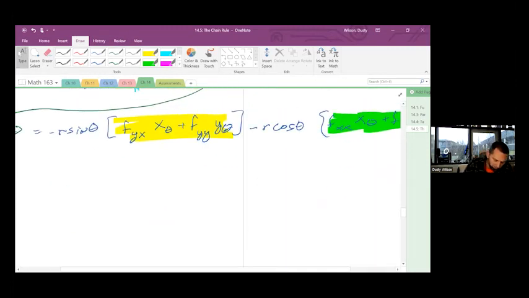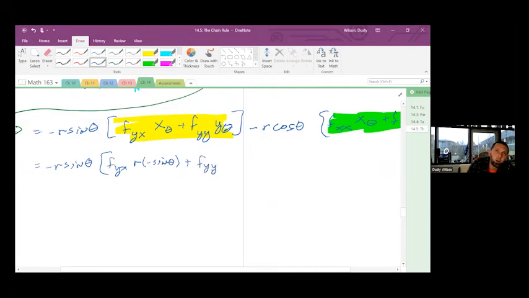Minus r sine theta times f of yx. X theta would be r times negative sine theta, plus fyy.